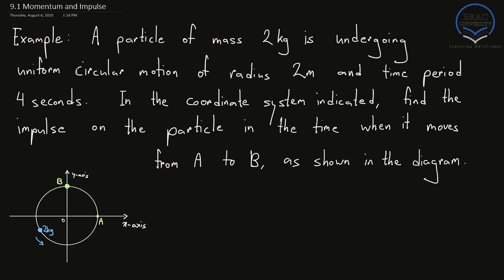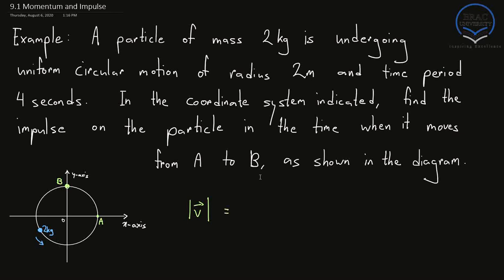So we have here uniform circular motion. Let's start by finding the linear velocity of the particle as it moves along this circle. Obviously the linear speed is going to stay constant because it's uniform circular motion. So we have v, the speed, given by the total circumference divided by the time taken to cover it, which is 4 seconds.